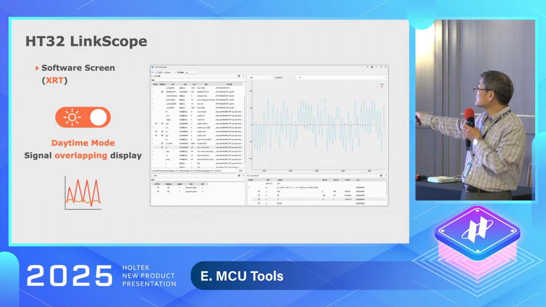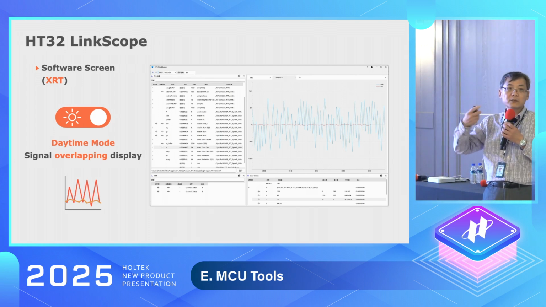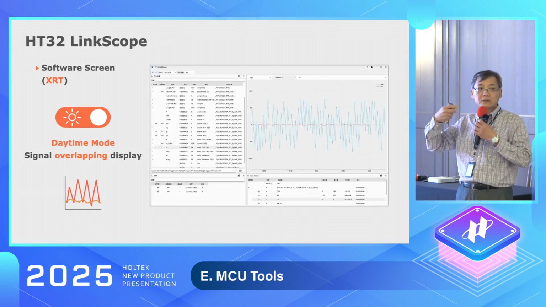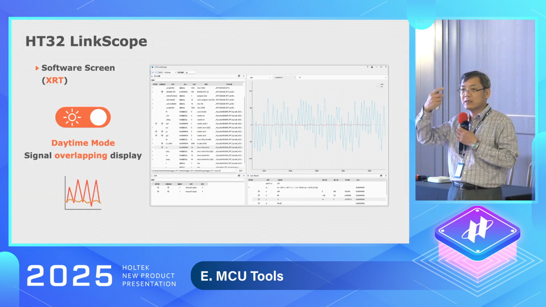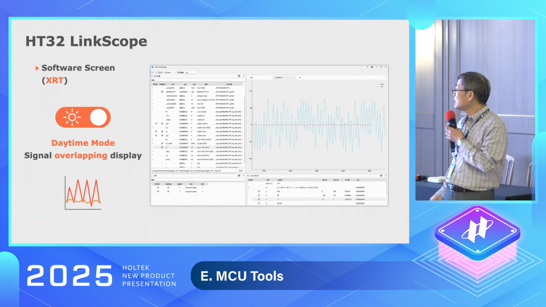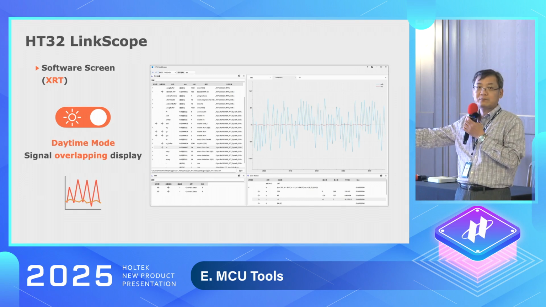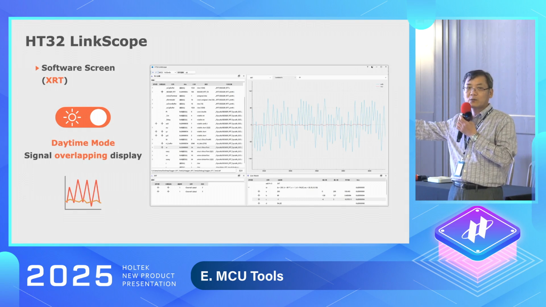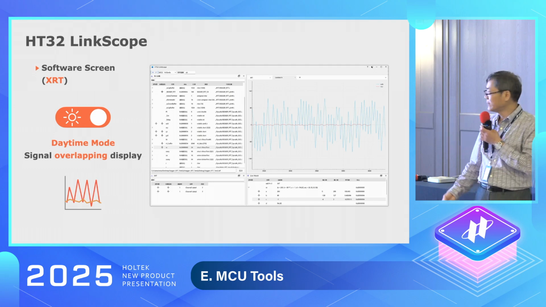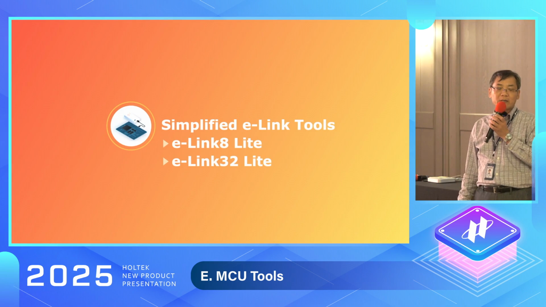The red one is signal 1 and the blue one is signal 2. So two signals display in one screen, so you can easily compare the amplitude of two signals. And when the screen is white, we call it daytime. Okay. Now comes the hardware.